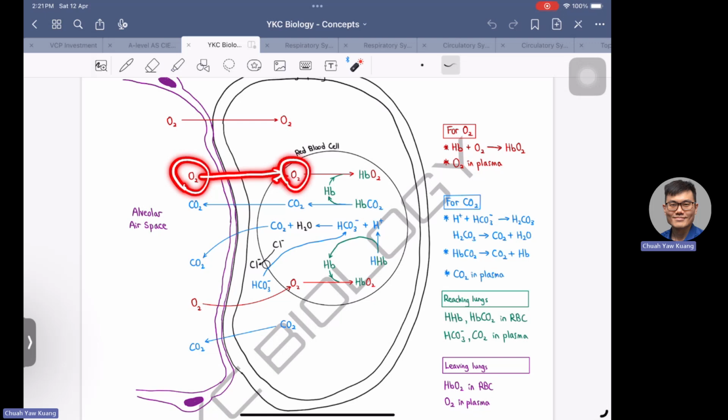So most of this oxygen will be transported into the red blood cell, and from here it will bind to the hemoglobin and form the oxyhemoglobin. All of this process can occur because in the lung, the high partial pressure of the oxygen is causing the hemoglobin to have high affinity for this oxygen. So that is why most of this oxygen will bind to the hemoglobin.